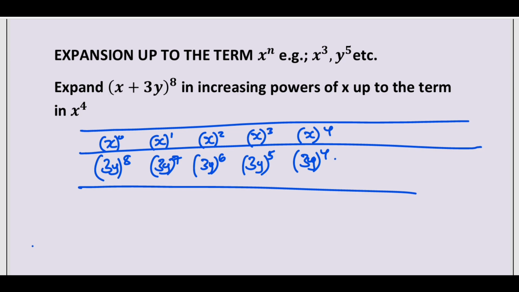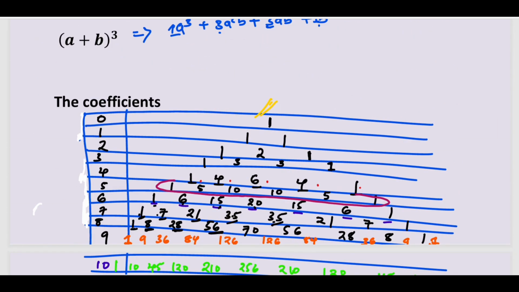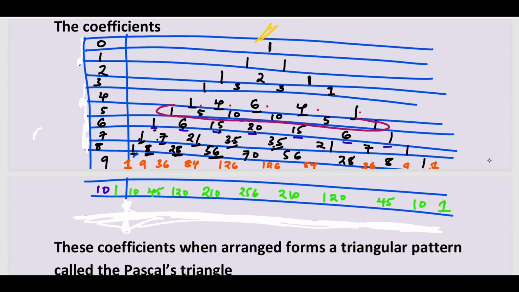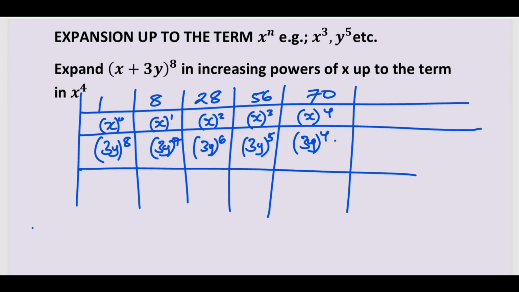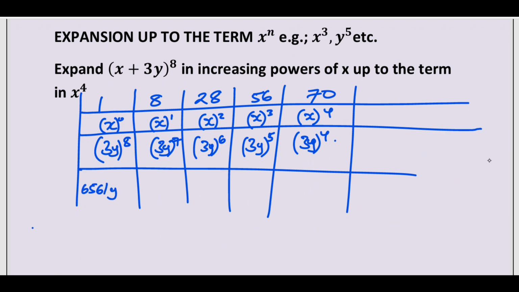Coefficients when the power was 8 are 1, 8, 28, 56, 70. 1 times 1 times 3 raised power 8 is 6561, y power 8. The next will be 3 raised power 7, which is 2187, and then multiply this by 8.